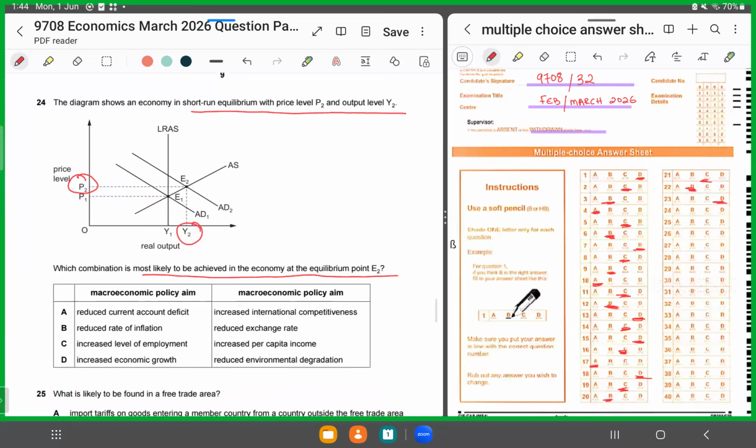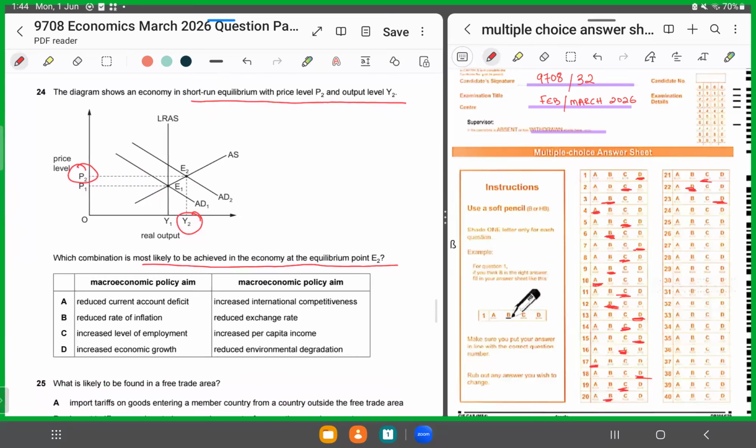Now, if you look at it, beyond the long run aggregate supply curve, there's an output gap, right? So it cannot be A, because the gap means imports, and so the competitiveness would fall over here, because it says international competitiveness, but it's reducing the current account deficits.